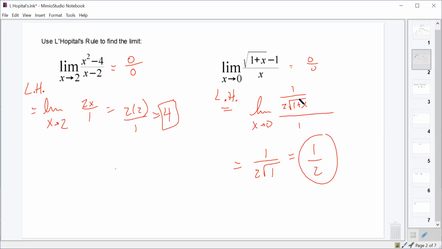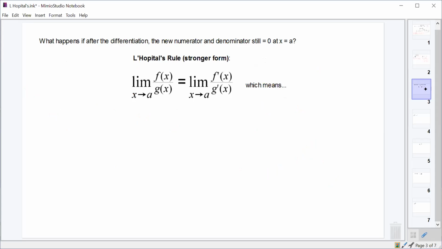And what do you think would happen if that was still 0 over 0? You just keep doing it as many times as you need to until you get to something that is no longer 0 over 0. So if this is indeterminate, just use the rule again.